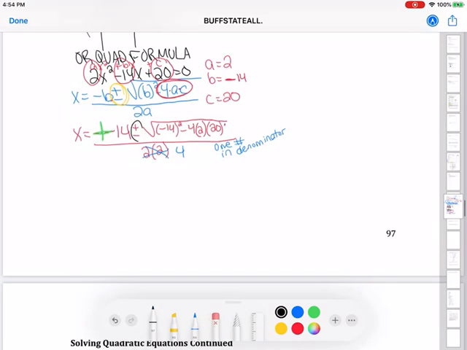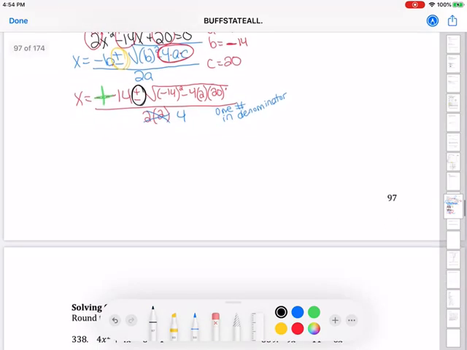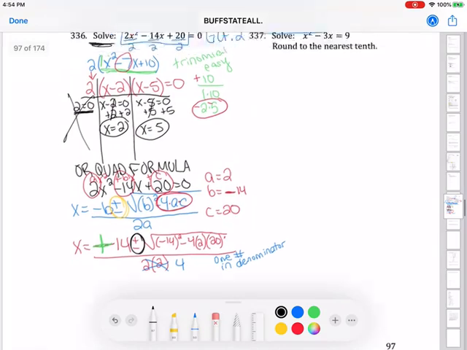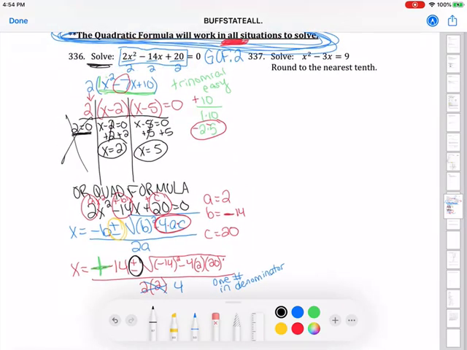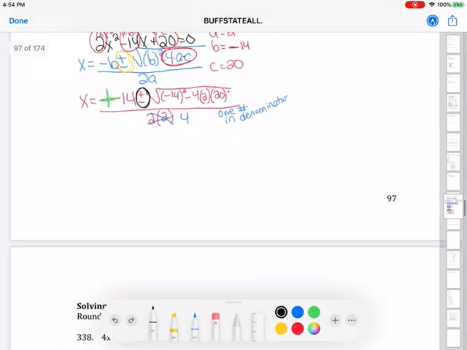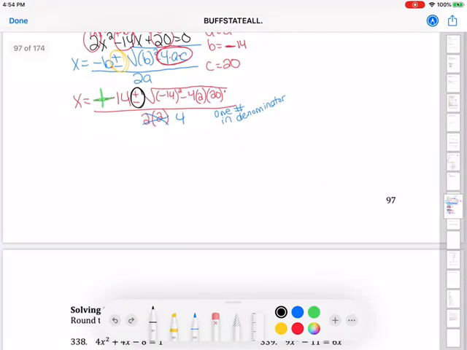Okay, now we're going to talk about this plus or minus here. So the plus or minus, it's kind of weird, but I'm going to draw you back to the factoring. You ended up with 2 answers when we factored. 1 answer here, 2 answer here. So we have 2 answers to work with, and we only have 1 formula. The reason it's written out as plus or minus is because it's actually 2 different things you're going to simplify down.